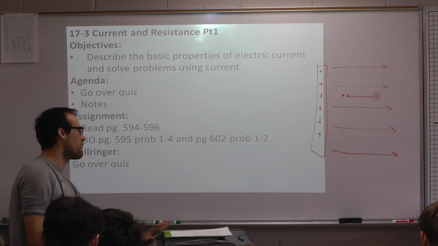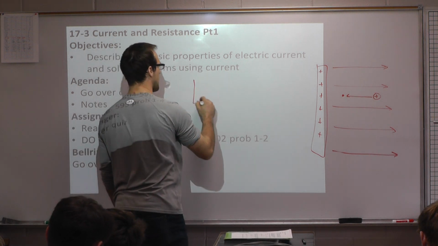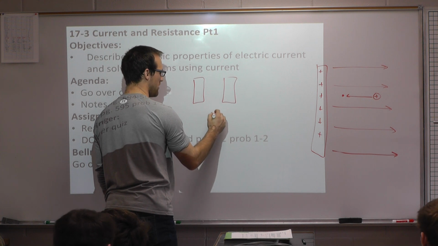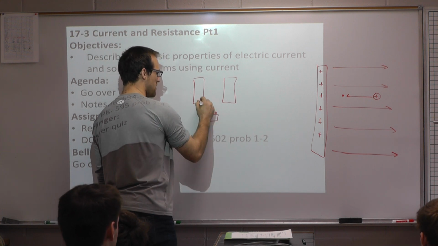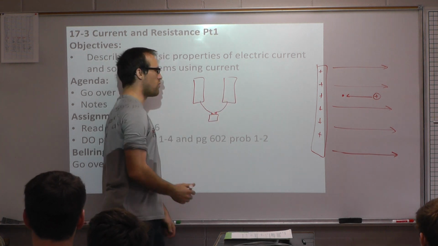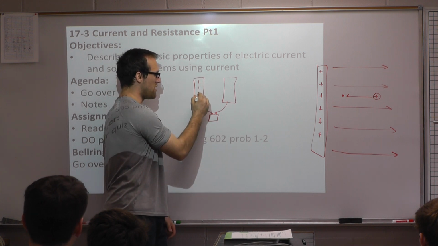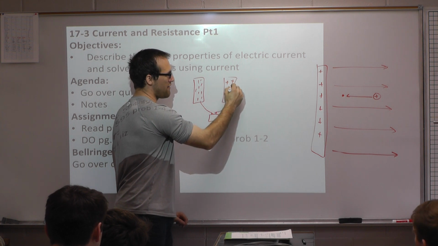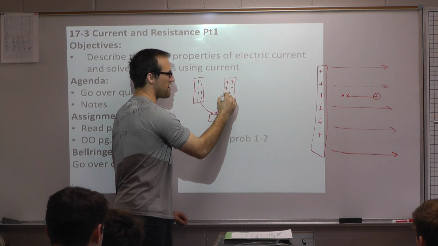For example, if I had two plates, I could connect a battery to this, and what that would do would cause one plate to have an excess of negative charge, and the other plate to have an excess of positive charge.